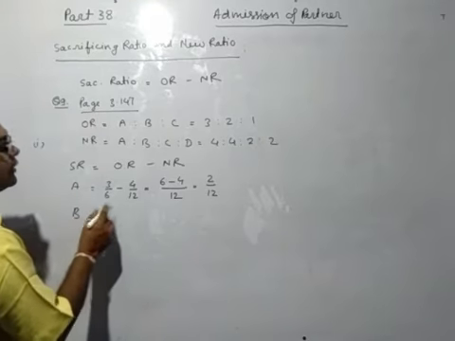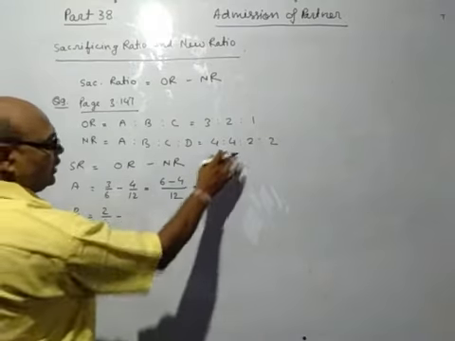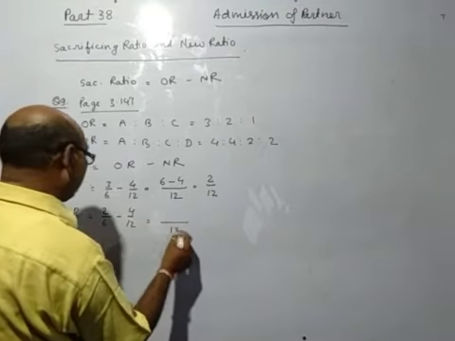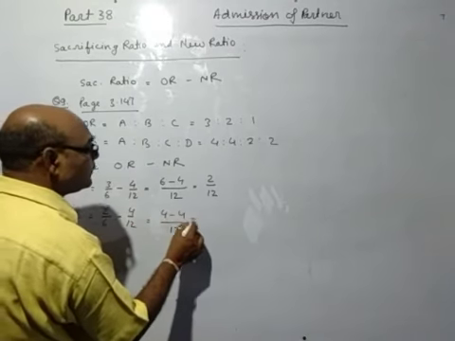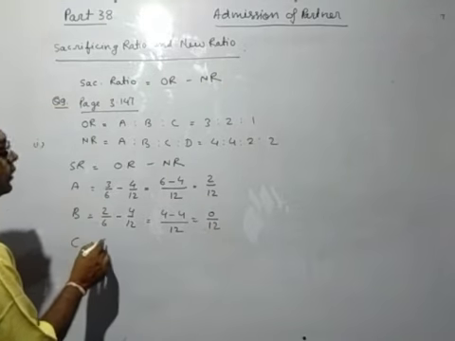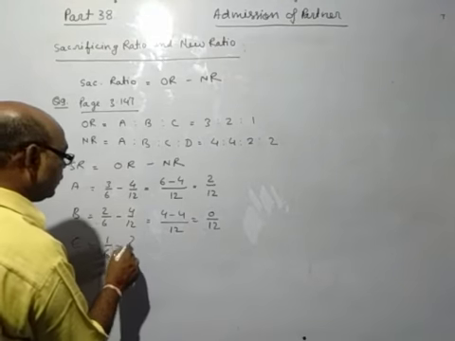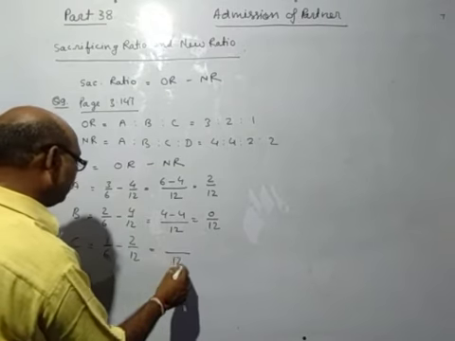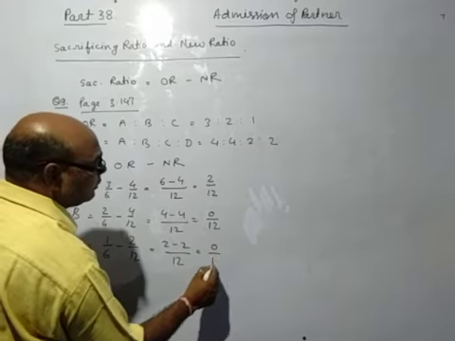Now B old ratio is 2/6, and new ratio 4/12, LCM 12. So 6 twos are 12, 2 twos are 4, minus 4, that is 0/12. And C old ratio 1/6 minus 2/12, LCM 12, so 2 minus 2, that is 0/12.